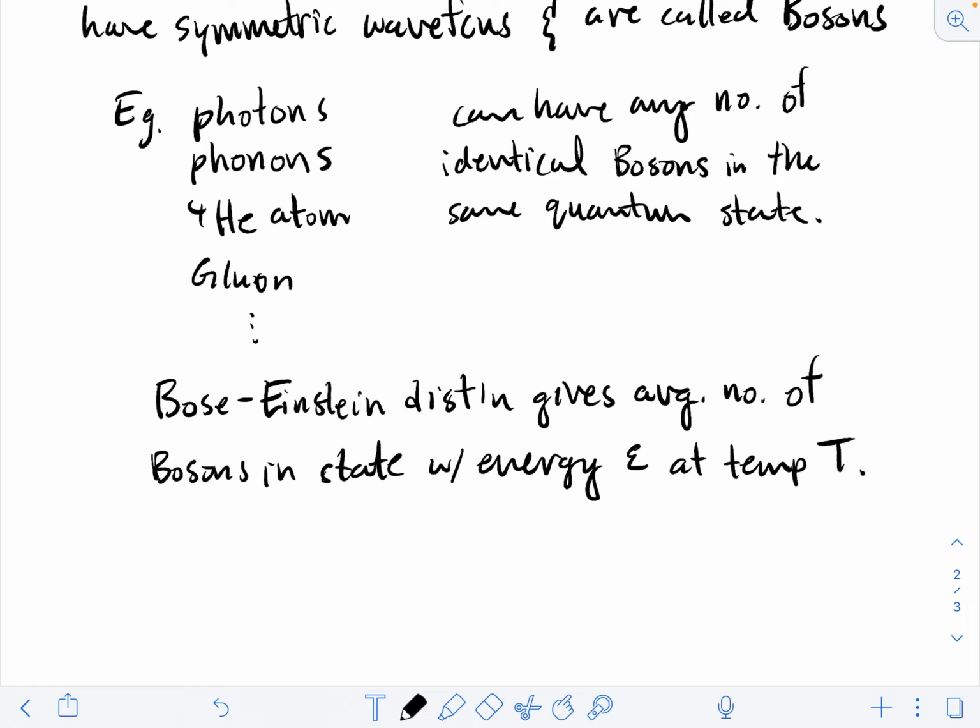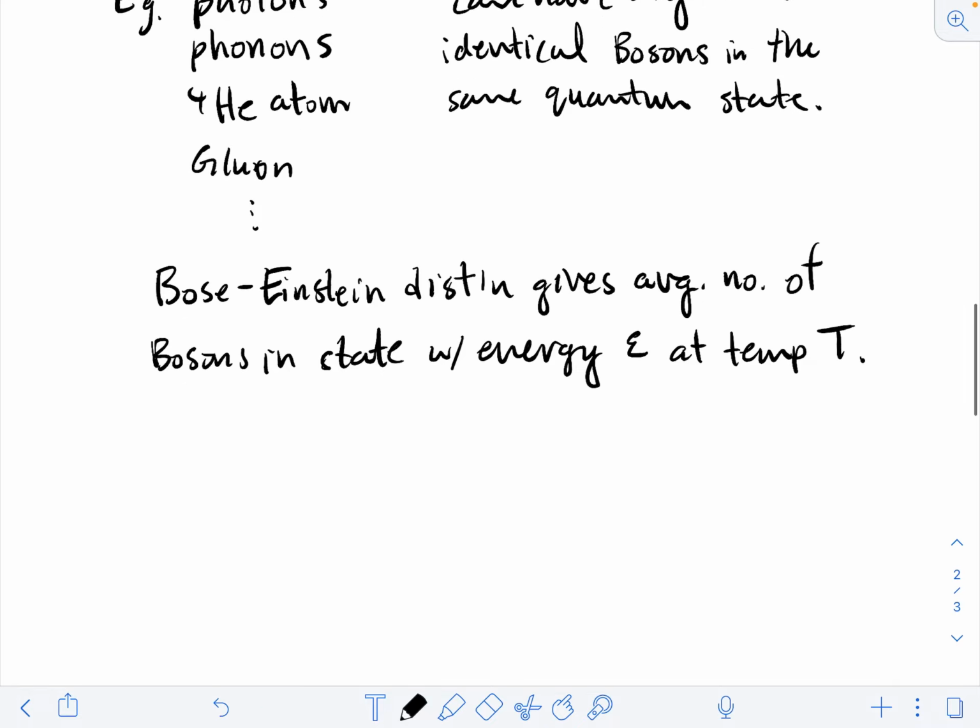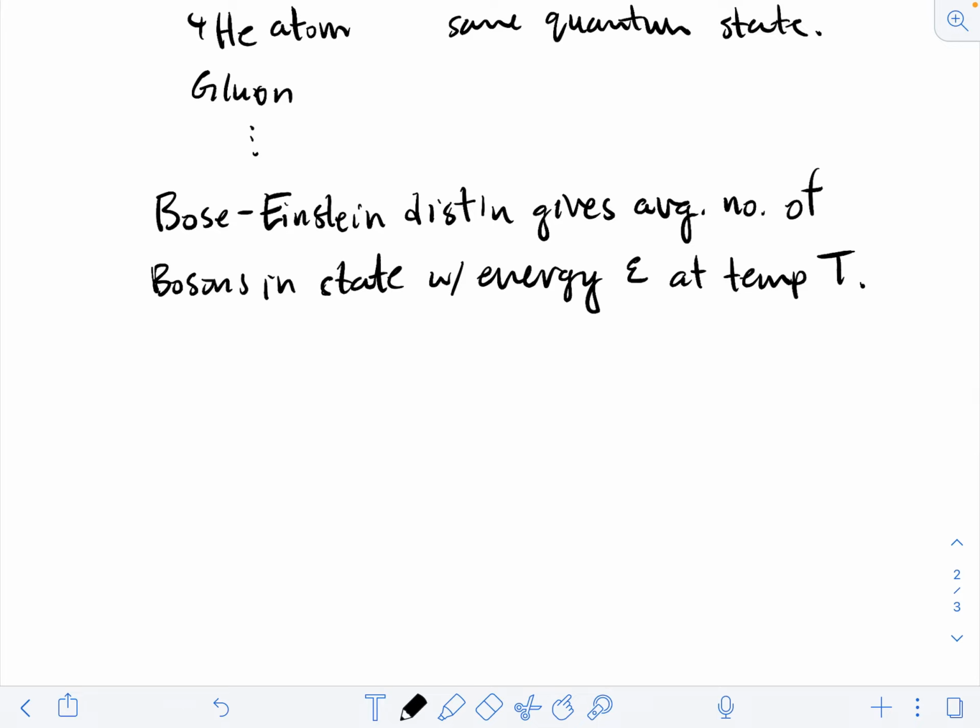And so we have a bunch of quantum states. They have different energies. We can specify that energy with epsilon. So at a given temperature, we use this Bose-Einstein distribution function to figure out the average number of particles in each of those states. We'll give this a symbol, n bar, for the average number of particles, with the subscript Bose-Einstein.